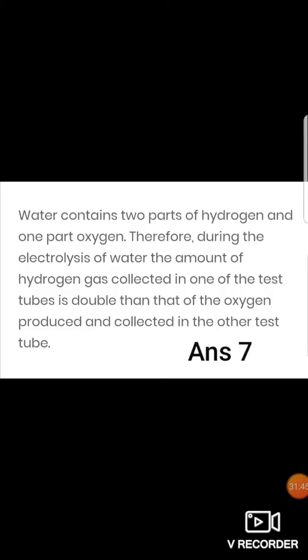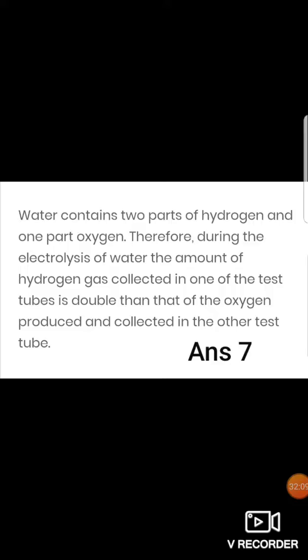They are saying that water contains 2 parts of hydrogen and 1 part of oxygen. So if you see, the formula of water is H2O. H2O means 2 atoms of hydrogen and 1 atom of oxygen.